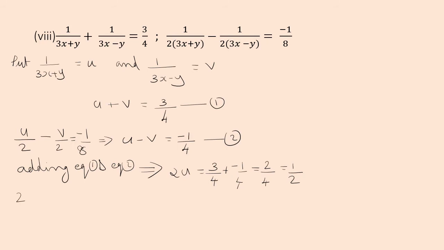That is 2u equal to 1 upon 2. From that you will get u equal to 1 upon 4.